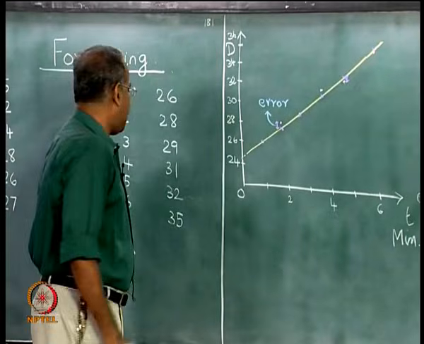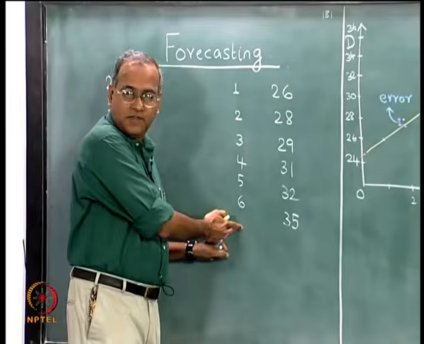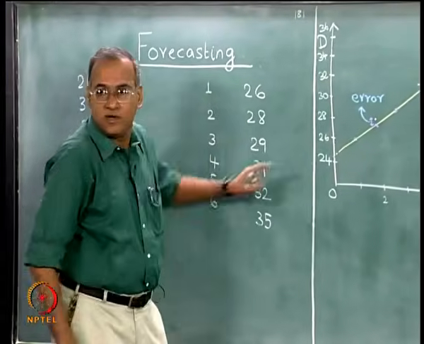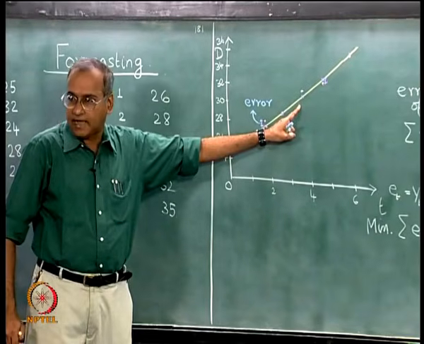But then we are interested in finding the forecast for the 7th period, which actually led us to drawing a line and finding out the coordinates of that line.